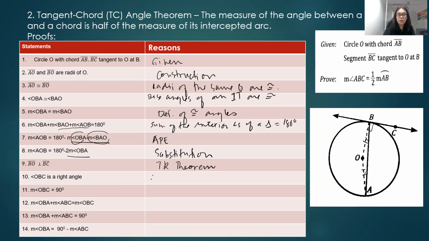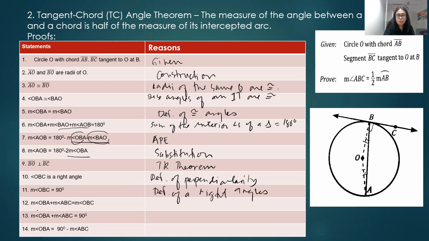So we can write here definition of perpendicularity. Now, since OBC is a right angle, the measure of angle OBC equals 90. So this is about the definition of a right angle. We define a right angle as measuring 90 degrees, no?